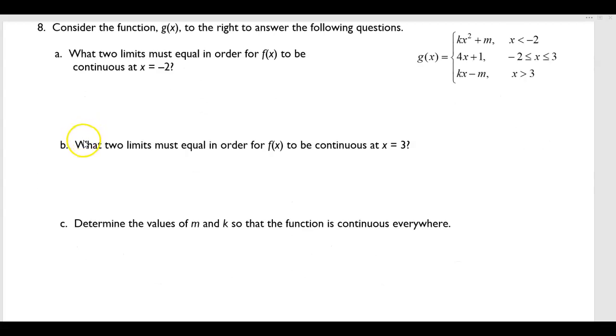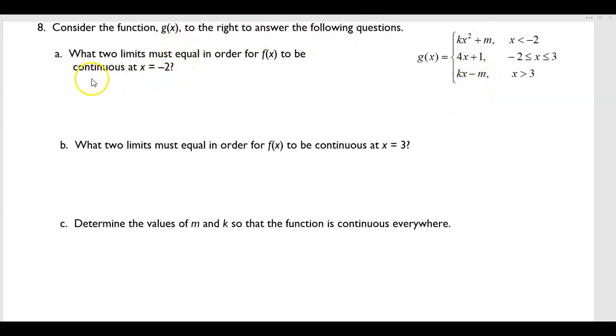So number 8 is just like number 7. We just have a little bit more complex function. So we've got some kind of quadratic, so a parabola, another line, and then another line. So again, I'm checking at -2 and 3 because that's where my graph splits into different parts. Individually, a parabola and lines would be continuous graphs, so we just have to check to see where they match up.